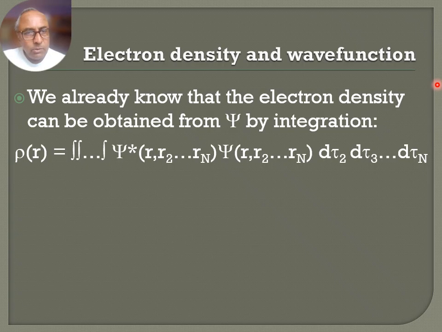But we already know that the electron density can be obtained from the many electron wave function by integration. That is, ρ(r) equals ∫ψ*ψ dτ2 ... dτN. That is, knowing ψ, we can determine ρ(r).